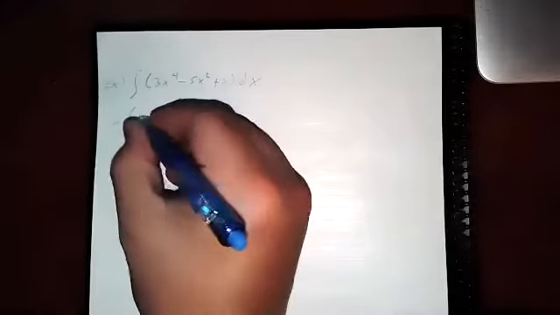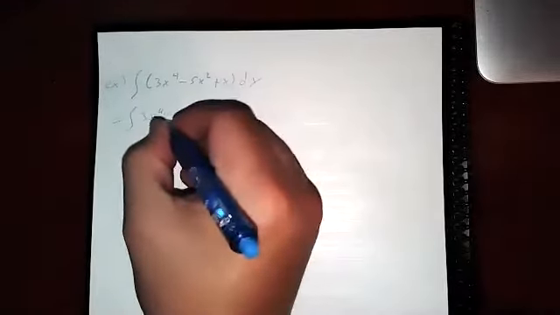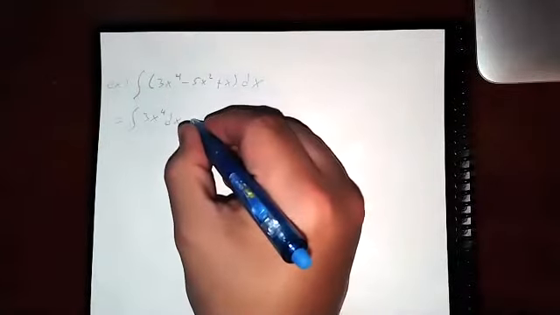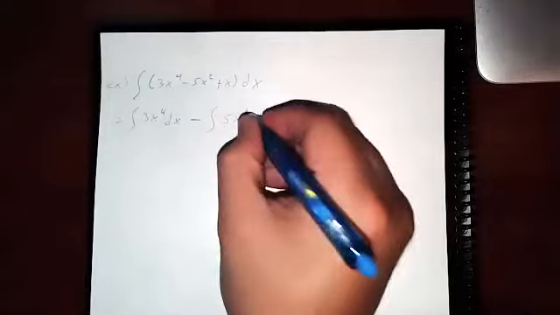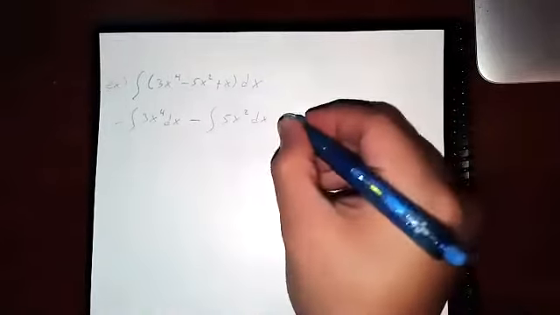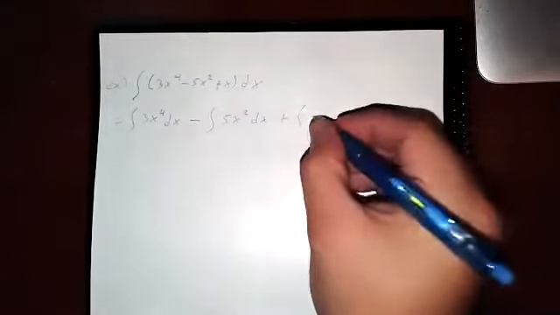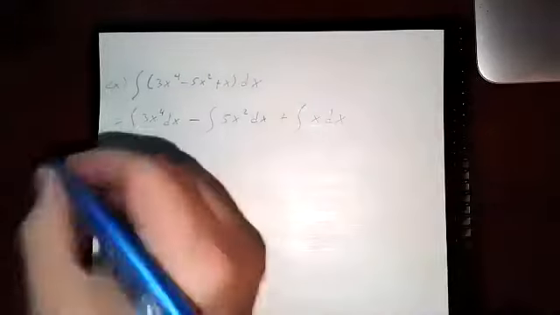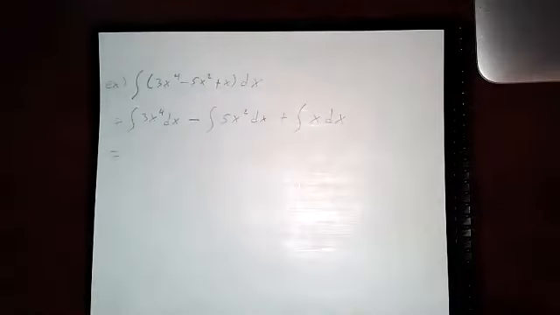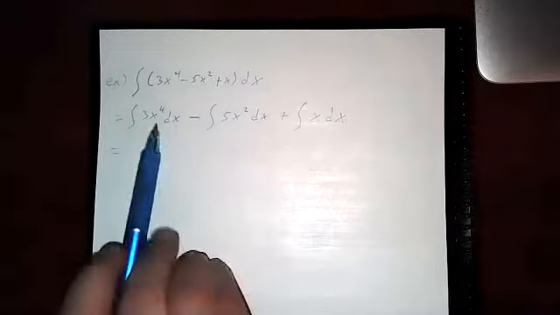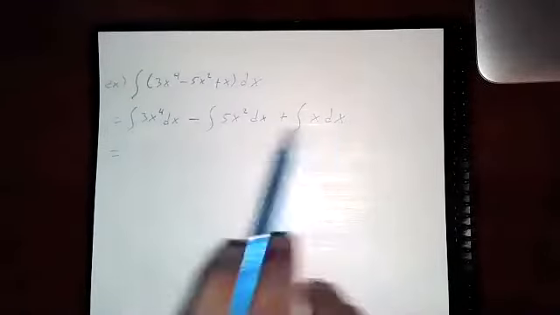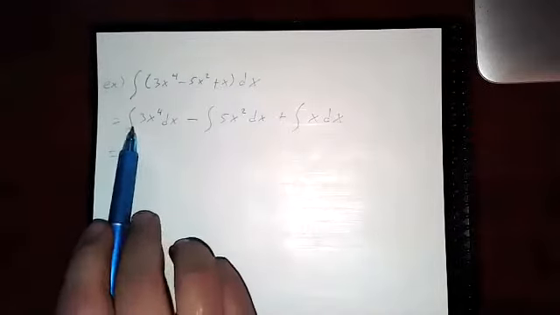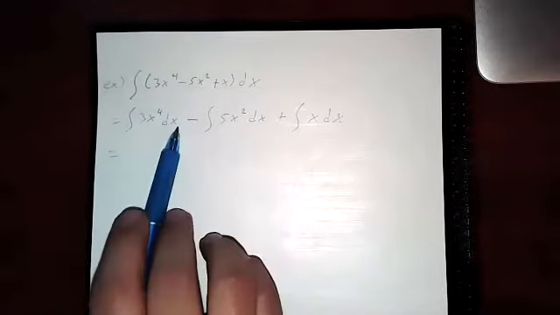So that'd be the integral of 3x^4 dx minus the integral of 5x squared dx plus the integral of x dx. These are all going to be power rules, right? Yes. So what is this first answer going to be?